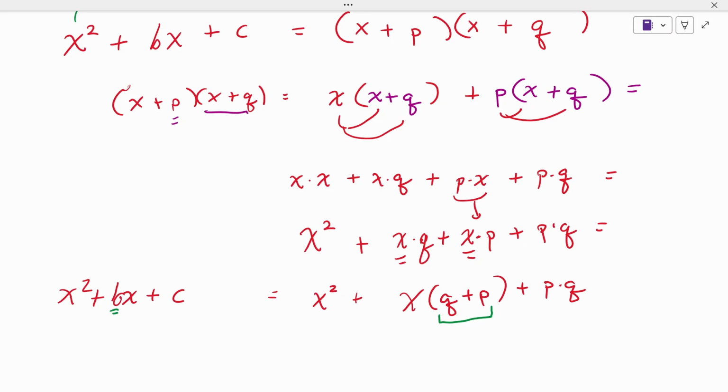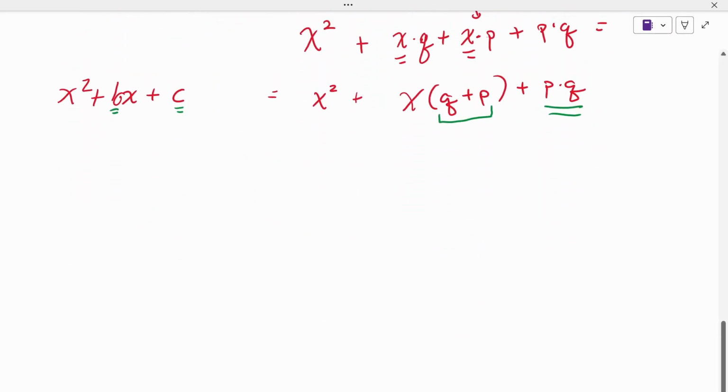And it turns out that the middle term's q plus p is related to the last term c, because c has to be the product of p times q. So if we find the factors of the last term c, we have all the different options of p times q, and we just have to figure out how to add those p and q terms together to get our middle term, b. All right, let's see how this works.